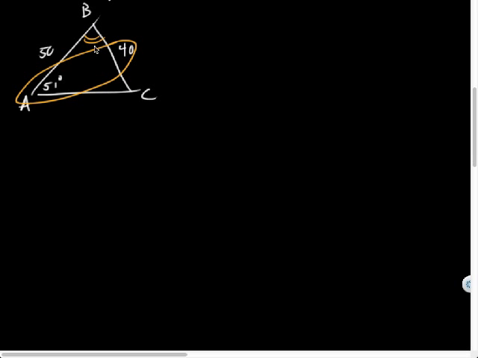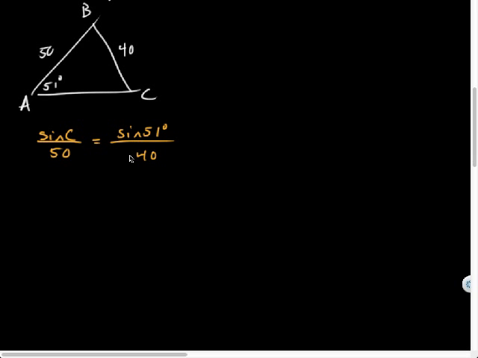To find angle B, I'd also have to have side B. Actually, angle C is the only thing I could solve first, because I have to have at least one part of the pair to work with. So sine of angle C over 50 is equal to sine of 51 degrees over 40.